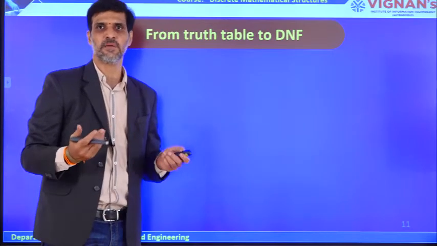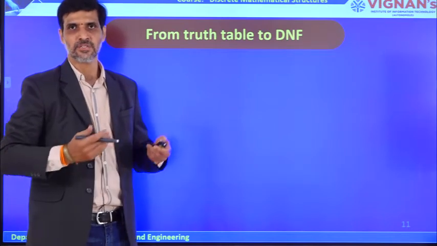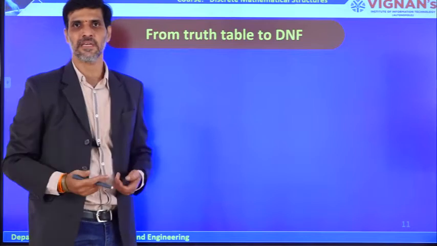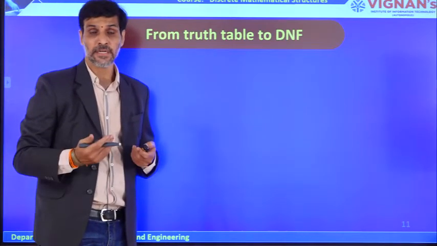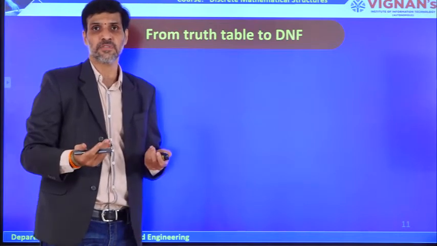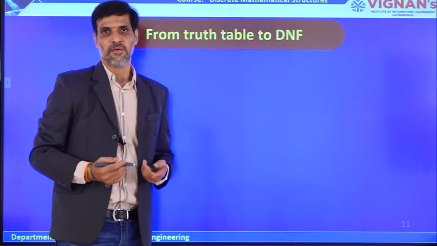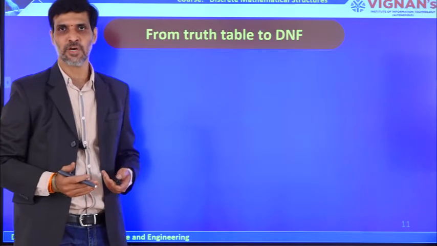A literal is a proposition or a negation of a proposition. So a disjunction of conjunctions of literals is called disjunctive normal form.